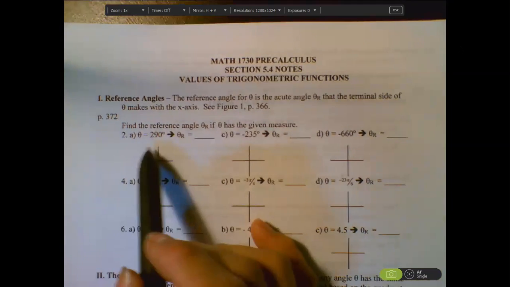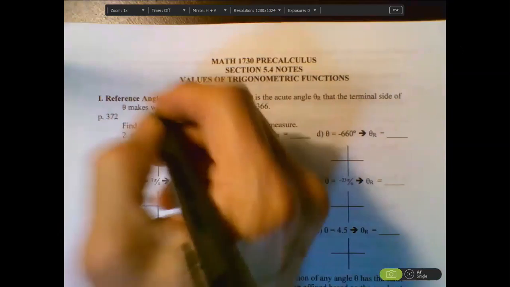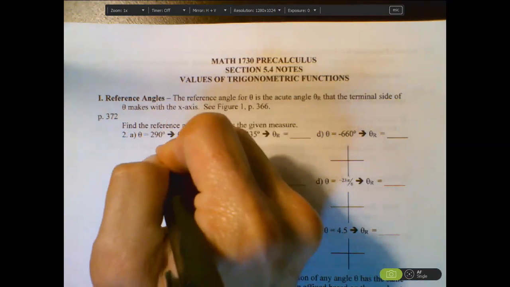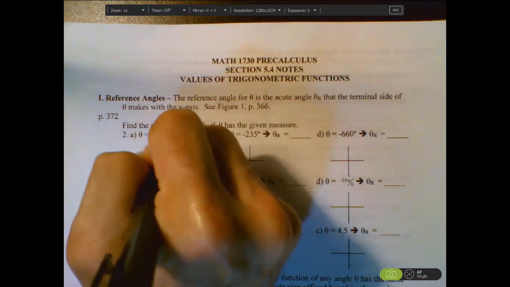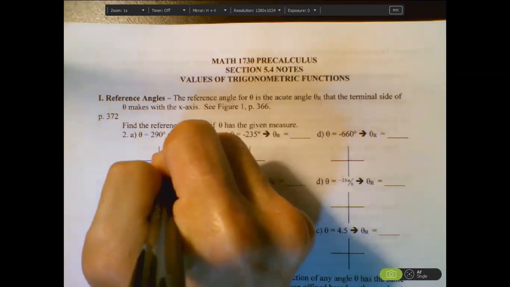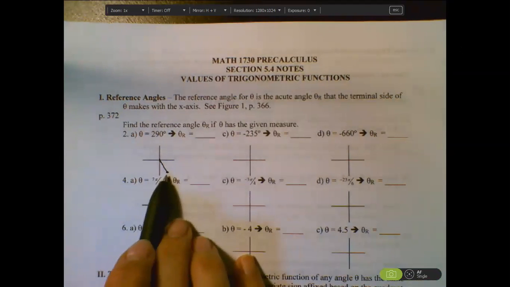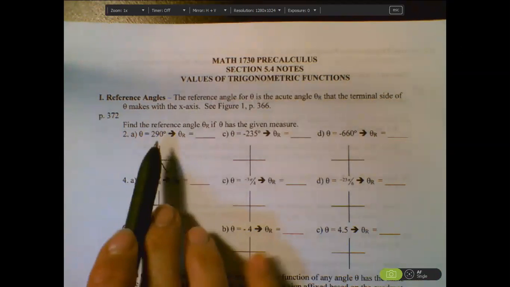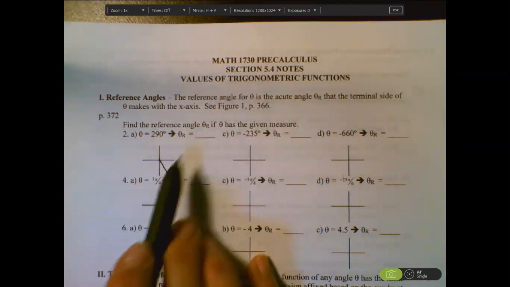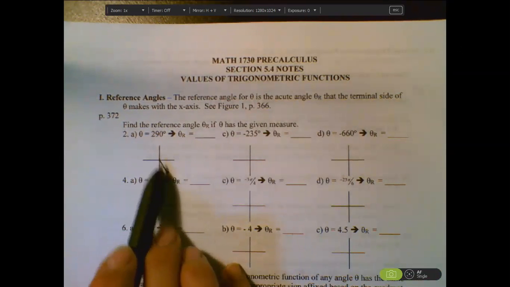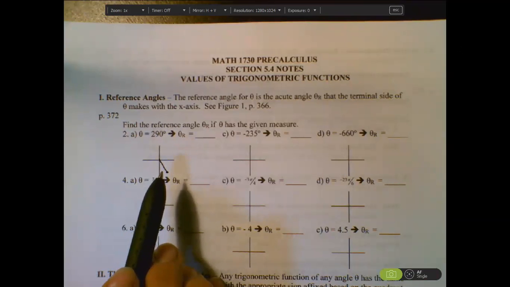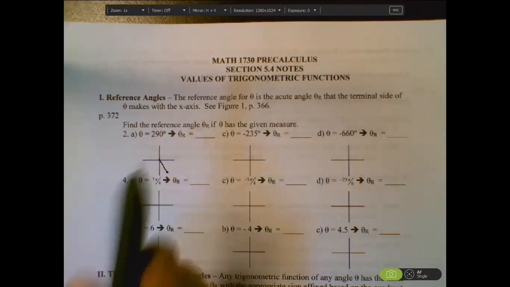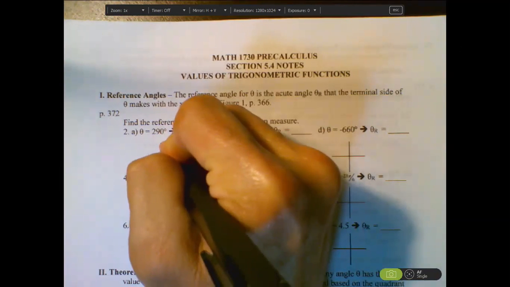So if you figure out 290 degrees is, excuse me, 270 and 20 more. Now, since we don't have the trigonometric functions memorized for 20-degree angles, I couldn't tell you the exact trigonometric value, but I can say whatever the trigonometric values are for, I'm sorry, I'm not making sense.